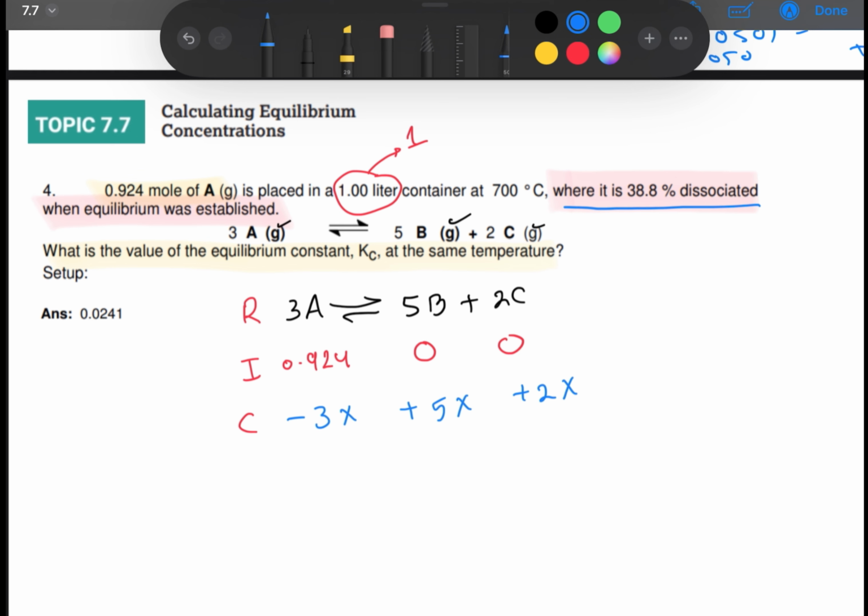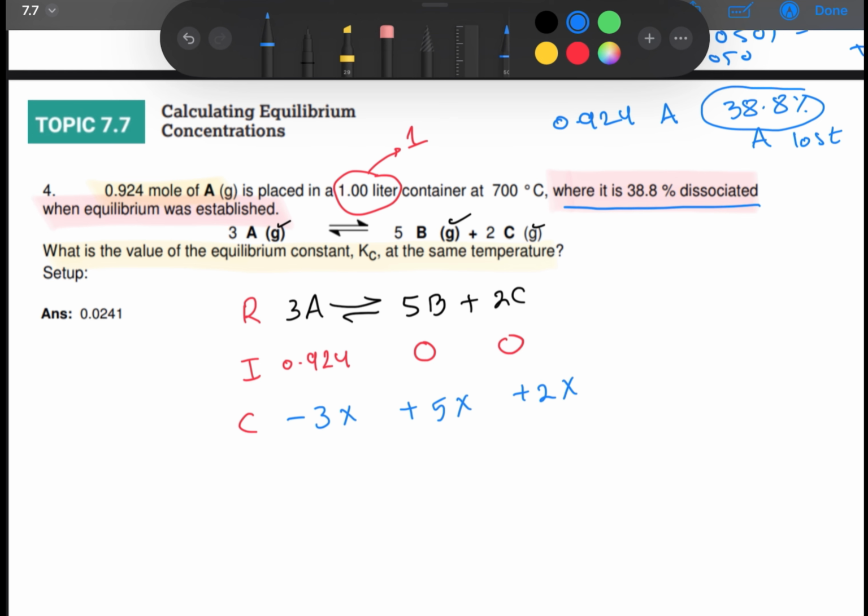We started with 0.924 of A, right? So it was initial. But 38.8% of A was lost, or in other words, it's dissociated. So how can I determine, in terms of amount, what was the concentration that is lost instead of percentage?